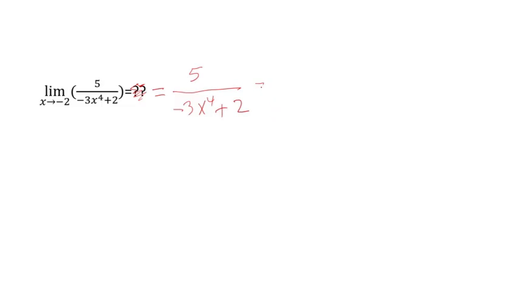Then wherever I see x, I will replace it with negative 2. So I have negative 3 times negative 2 to the power of 4, plus 2.